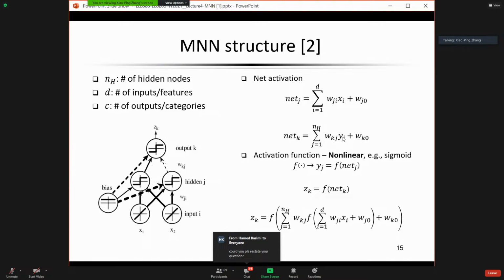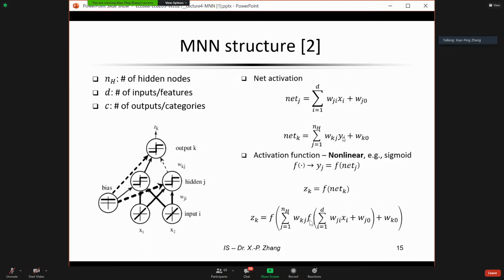Let me restate my question. I'm just trying to challenge you. I say, okay, if all these activation functions are linear, it's equivalent, if we put all of them together, to one linear function, right? If you think about it, you just remove this f. Because if f is linear, then basically f(x) equals x, right?